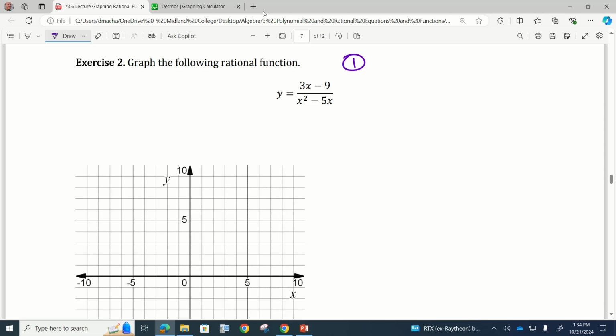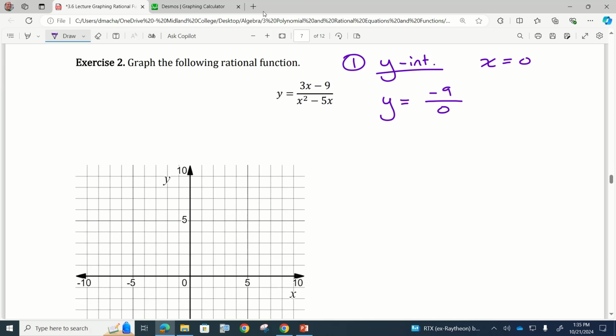First of all, step number 1 says I want to find my y-intercept. And my y-intercept occurs when x is equal to 0, and we plug that in to find 3 times 0 minus 9 over 0 squared minus 5 times 0. So my y-intercept is -9 divided by 0.